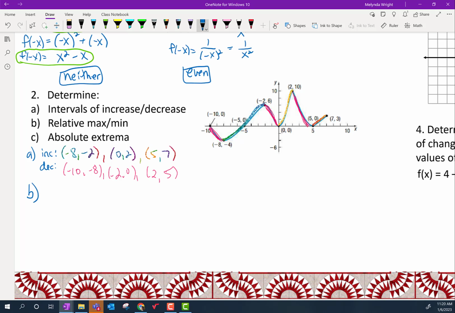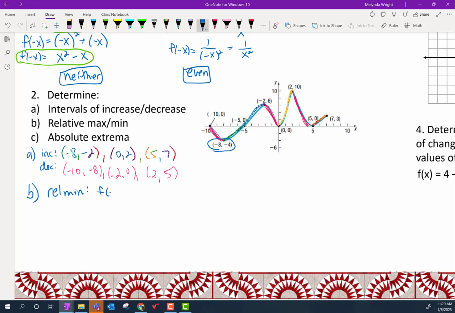Now let's look for relative extrema. Relative, so we know we need to be at the bottom of a valley or the top of a hill, not at the end points. Okay, so let's look for relative minimums. I'm actually going to write the whole point.